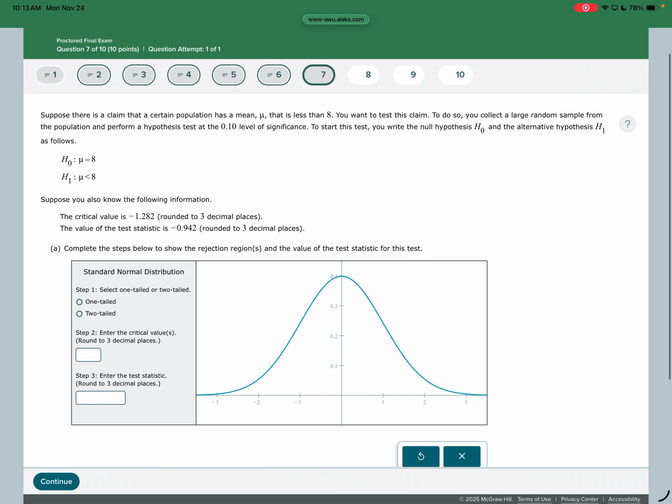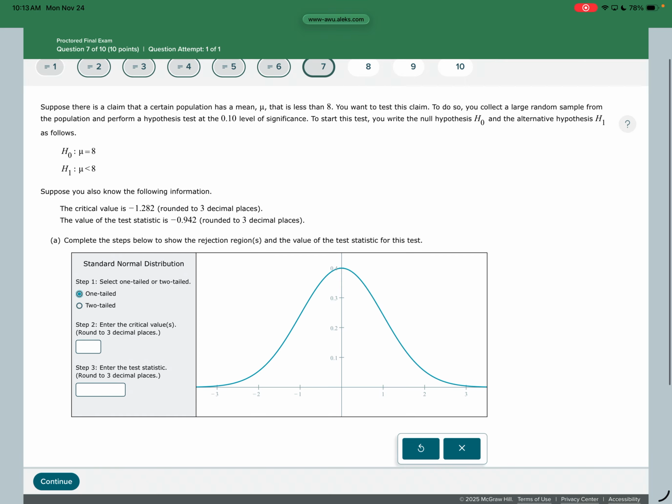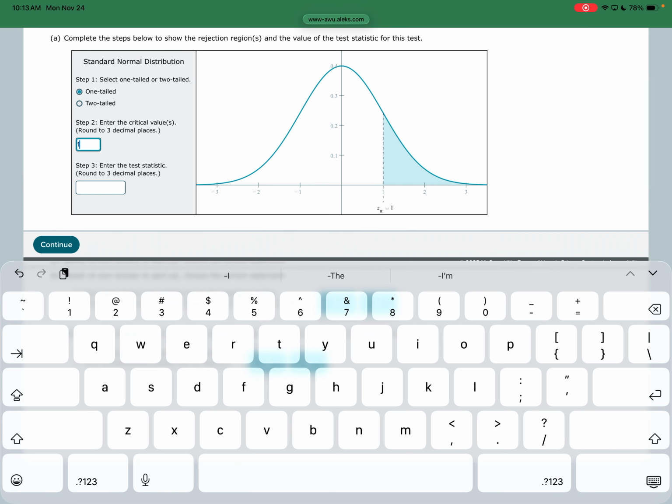All right, so the first one is just a basic hypothesis testing. You have a problem here, and the mean is less than 8. So it is less than, that's going to be a one-tail test. If it's less than or greater than, it's one tail. If it's not equal to, it's two tail. They give you the critical value on this one.